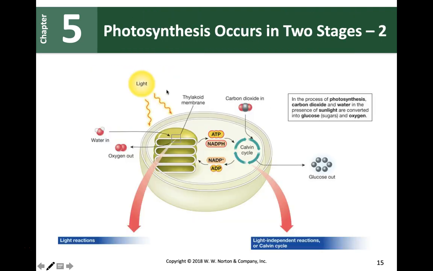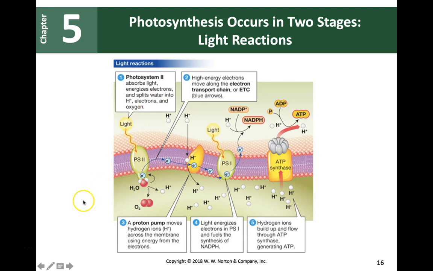Okay, so now we'll come back to this figure. So we have this proton pump. This part, as I said before, is the stroma, so outside of the thylakoid, and this is the inside of the thylakoid. This is the lumen part.